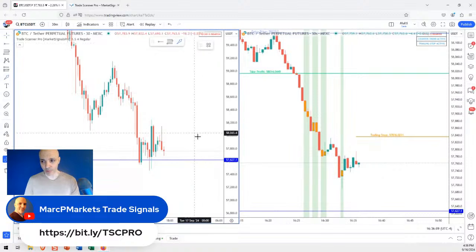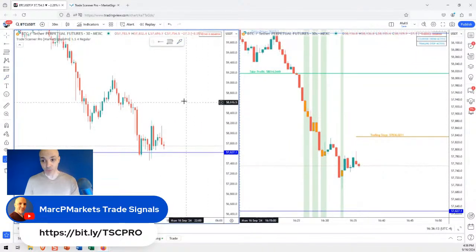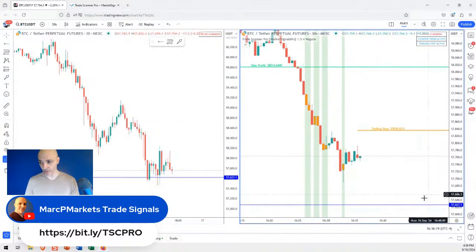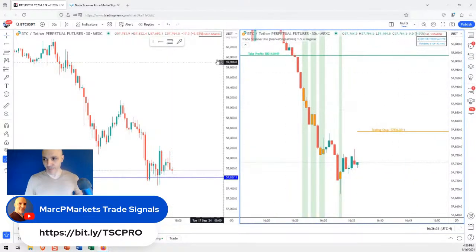So this is a probability game. There was a greater chance that this thing was going to reject the resistance. Why? We said before, resistances hold, supports break. Well, the resistance held, and we're near the support. Theoretically, this support should break, although it's trying to hold again, as you can see. But at this point, I have the luxury of just sitting here and waiting. The market can tap me out here.